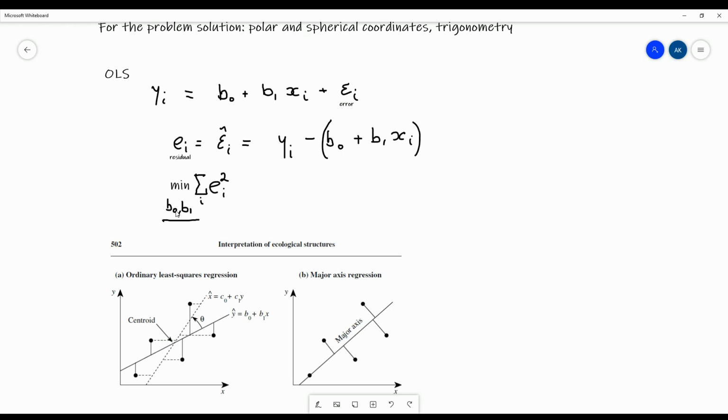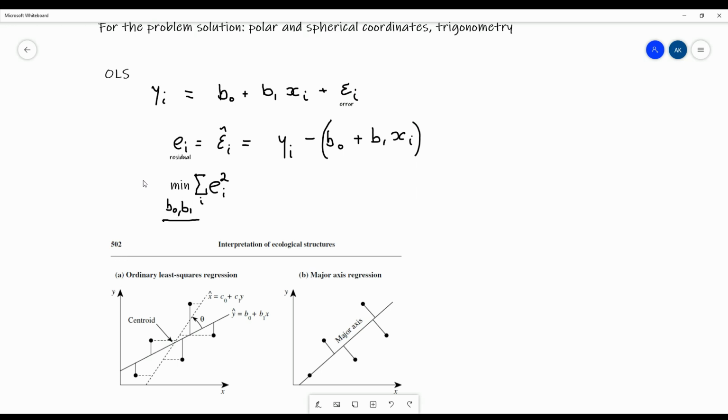Now, how do we find parameters? Well, we minimize the sum of squares, and that's basically what OLS is. There's obviously a lot of advanced math around the regression technique, but that's how it was developed historically: we get the squares, and then we find the minimum by trying different parameters.